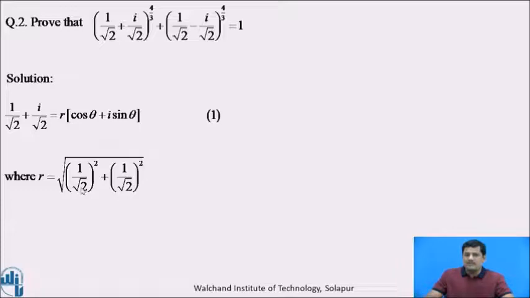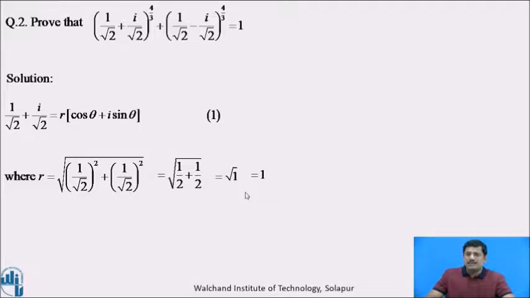Here the real part is 1 upon root 2 and the imaginary part is 1 upon root 2. The square of 1 upon root 2 is 1 upon 2. We can write it as the square root of 1 upon 2 plus 1 upon 2, and 1 upon 2 plus 1 upon 2 is 1, and root of 1 is simply 1.